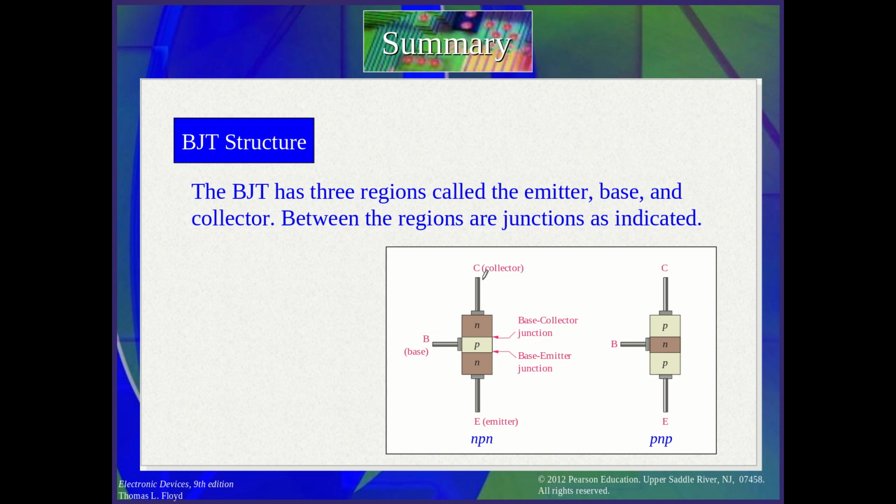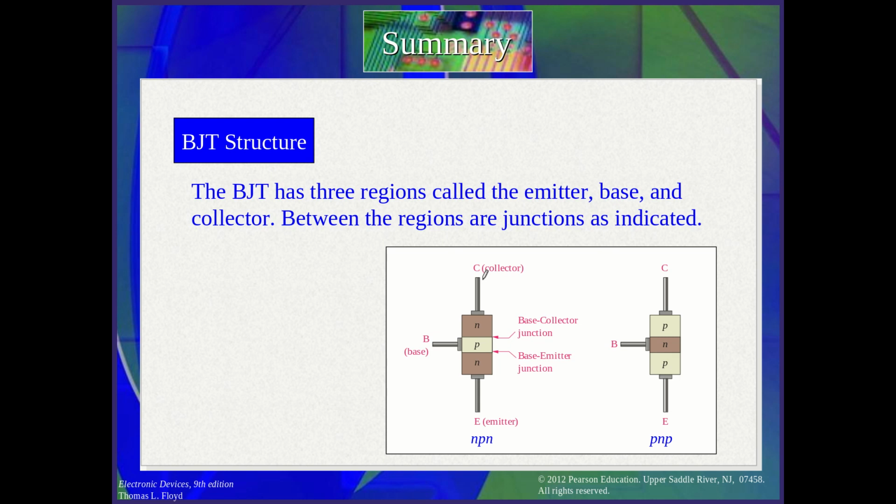Now the cutoff region or the cutoff condition, where there is no base current and in practice there is no current here, but there is a very small, extremely small leakage current in the collector that comes from the collector to the emitter.